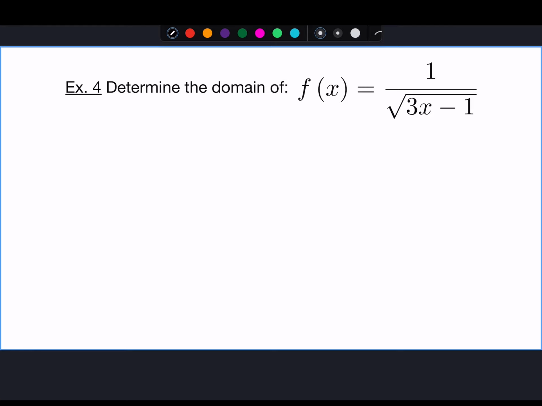But we also know that the inside of the radicand has to be greater than or equal to 0. So we need to have 3x minus 1. We know it can't be equal to 0, right? So rather than being greater than or equal to 0, just greater than 0.